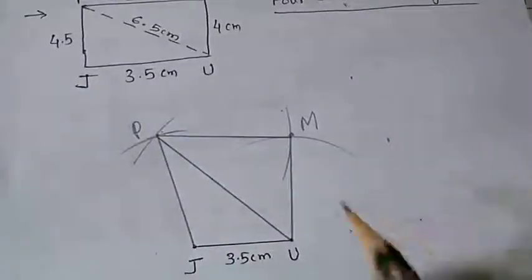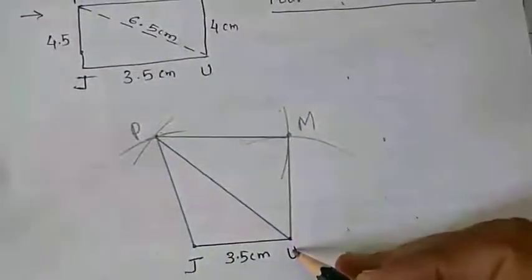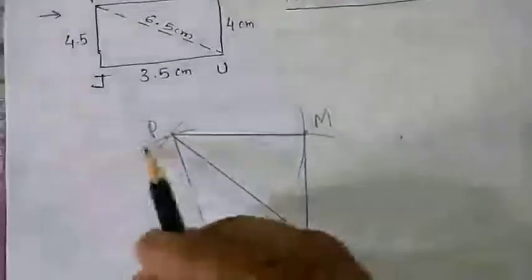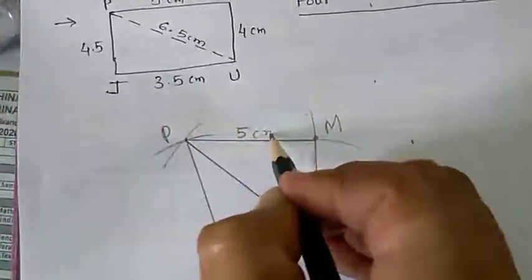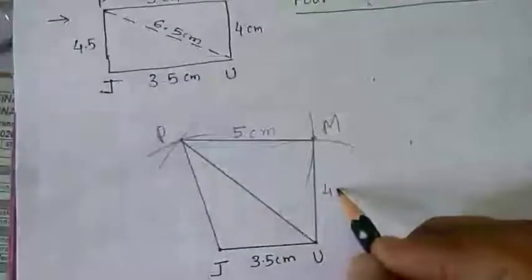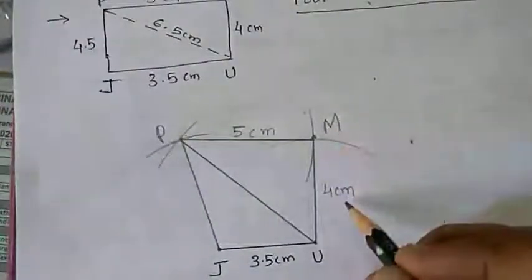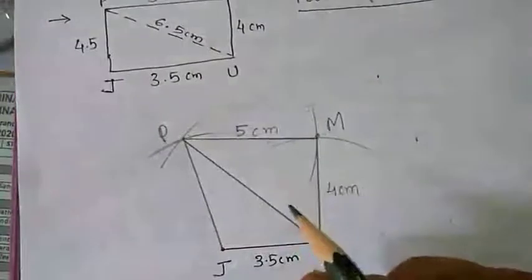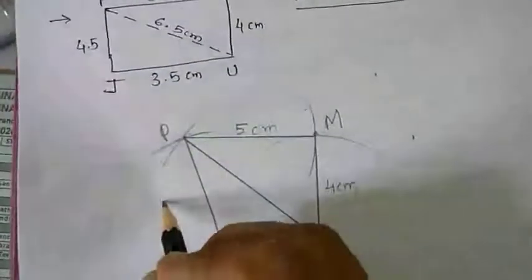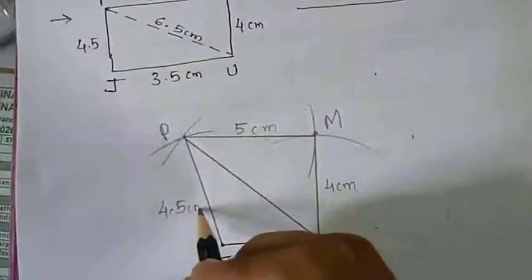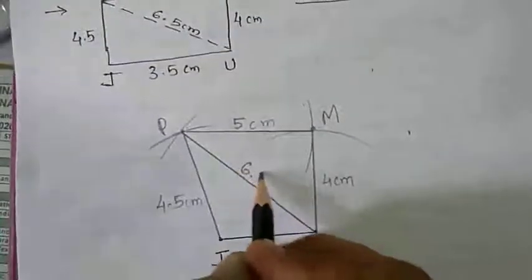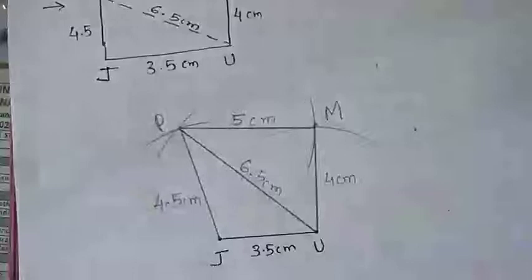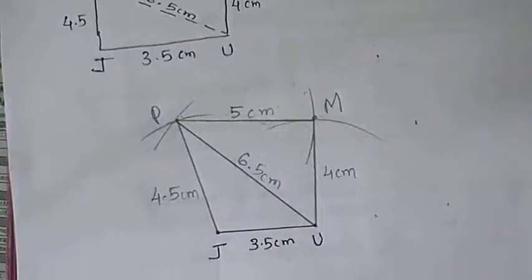So here we have joined U and M and P and M. Just we will write down the measurement. This is 5 centimeter. This one is UM 4 centimeter, and this one 4.5 centimeter, and the diagonal PU 6.5 centimeter.